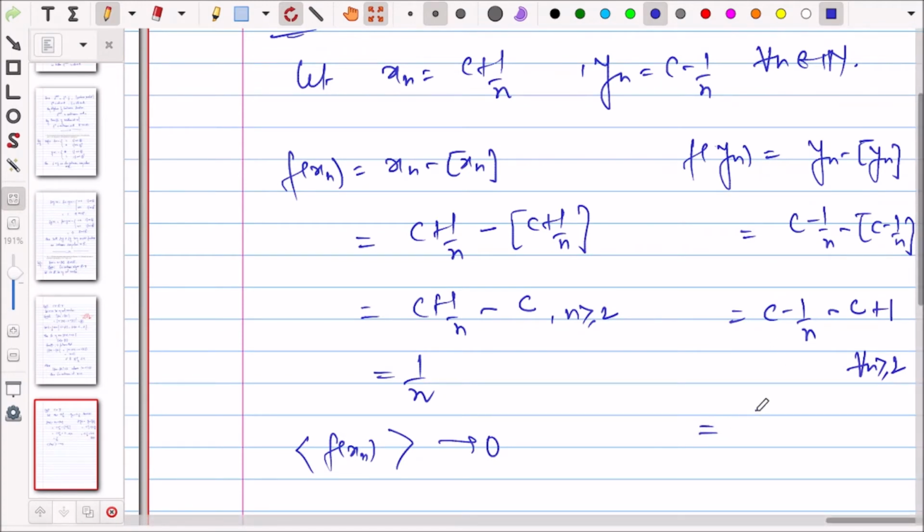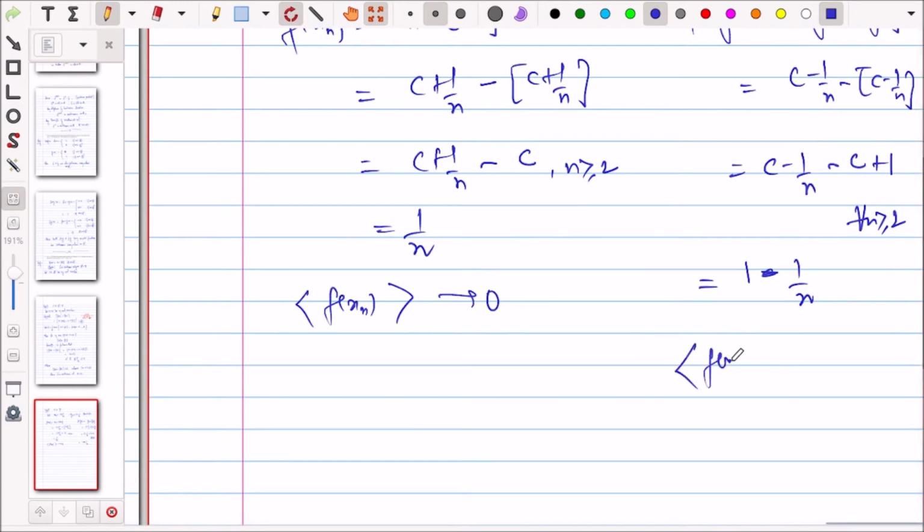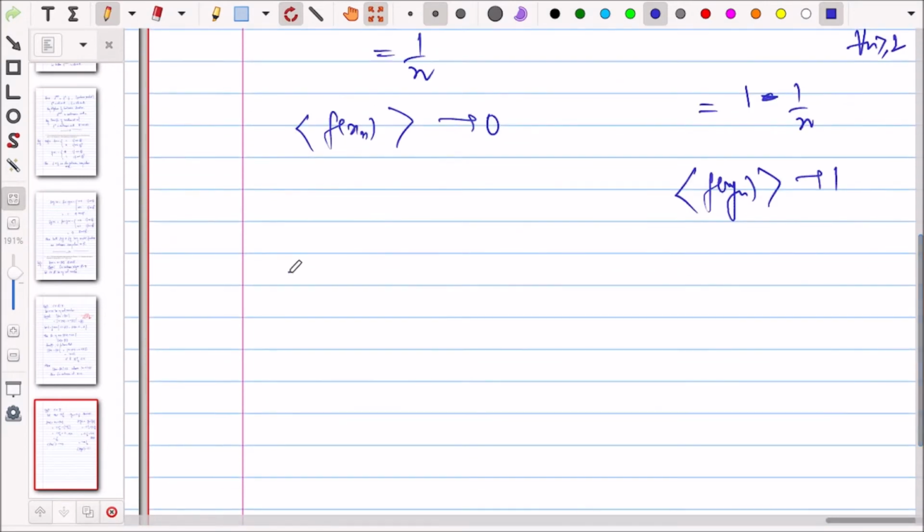So this will become, c minus 1 minus c will cancel out, 1 minus 1 by n, and this converges to 1. So f of yn converges to 1.